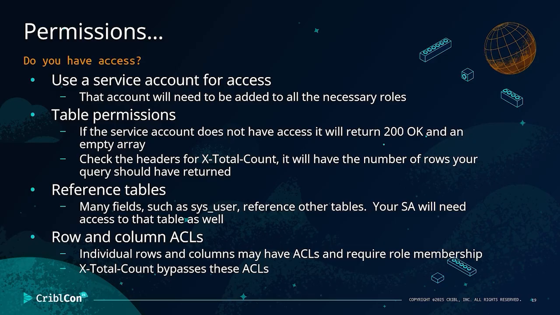The only caveat there is that select count bypasses row-level ACLs. So in the cases where you want to only get the rows that you have access to, you're not going to be able to use that field very well for counting, because you may not have access to all the rows that it is able to count.